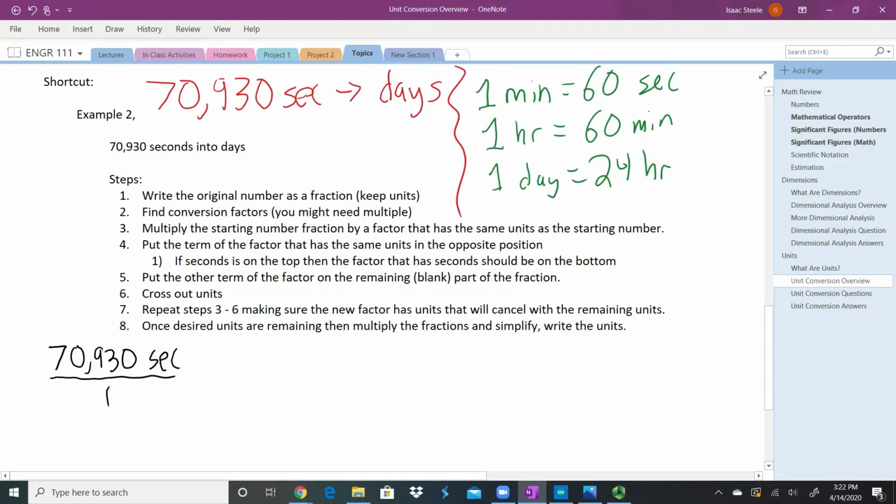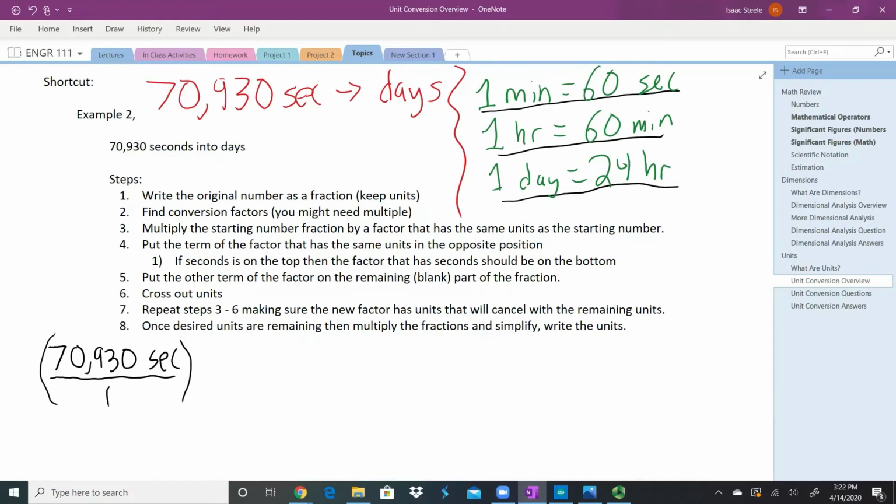Now I want to multiply this starting fraction by one of these conversion factors. And I'm not sure maybe which one to use yet. What I'm going to do is look at this original number and see that I want to cancel out seconds. So I go to my factors and find one of them that has seconds in it and I choose it.